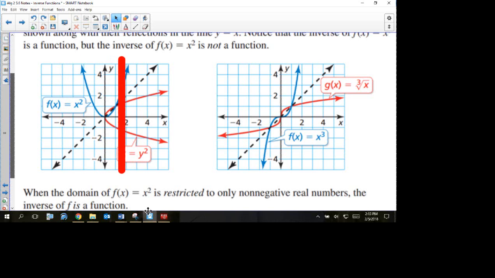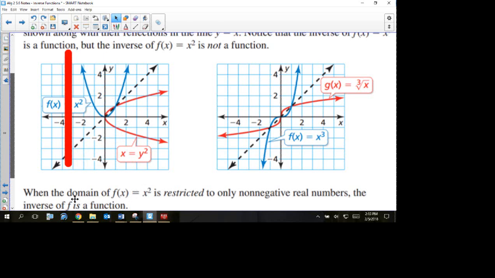The blue one, not the red one. How many times do they cross at the same time? Once. When I go to the red one, how many times do they cross? Twice. You see how the red line and the big fat vertical line are intersecting twice? But in the blue one, it's always one.